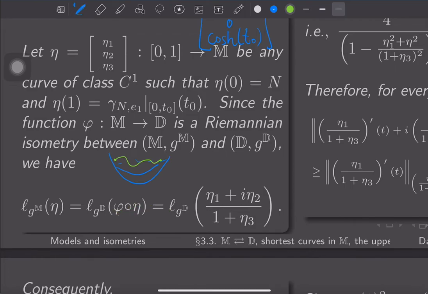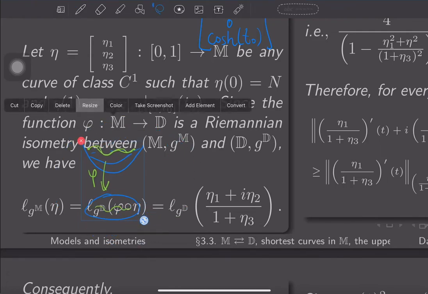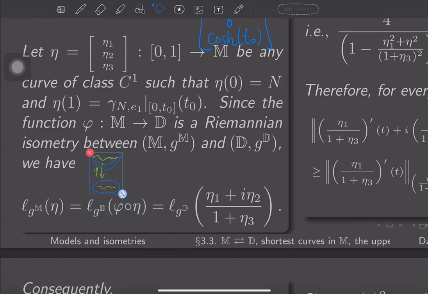Let me write it in blue. Then I follow this curve by phi, and then I have some curve here. So I have to write eta followed by phi, and eta followed by phi would be this one.